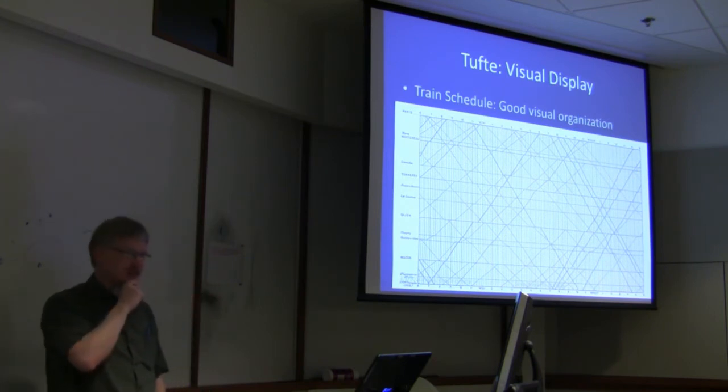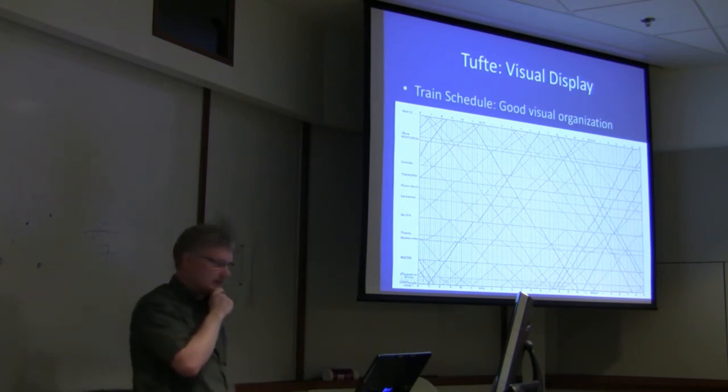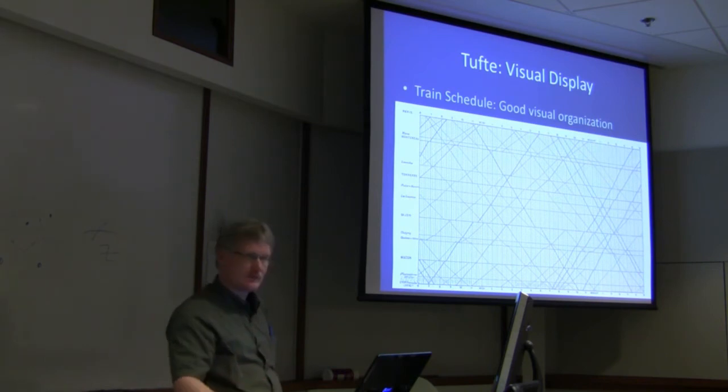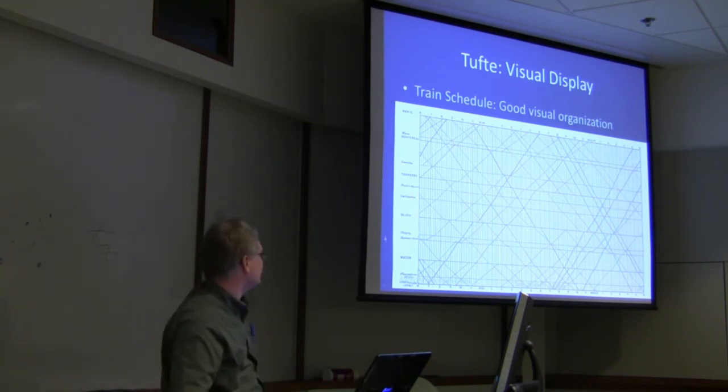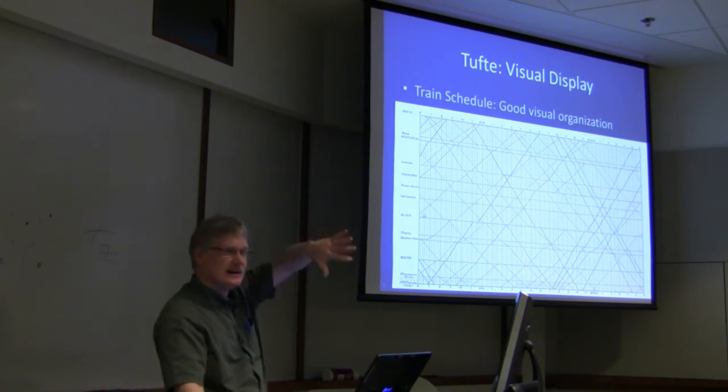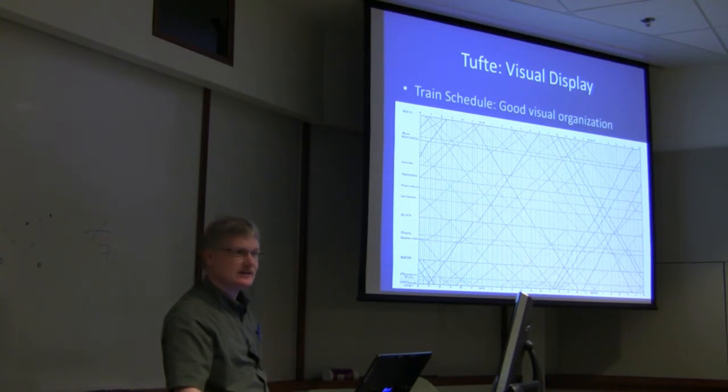So this is the train schedule going along one particular train line in France, right? And this tells you a couple interesting things. One is how fast the train is going has to do with the slope, right? So if I want to go from Lyon to Paris, well, I'm going to go here.